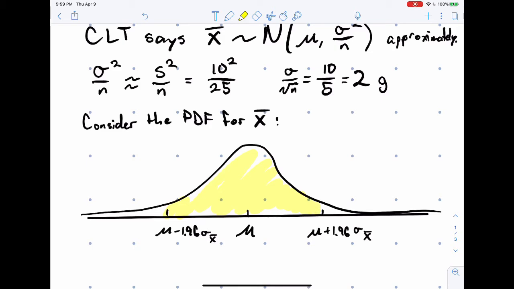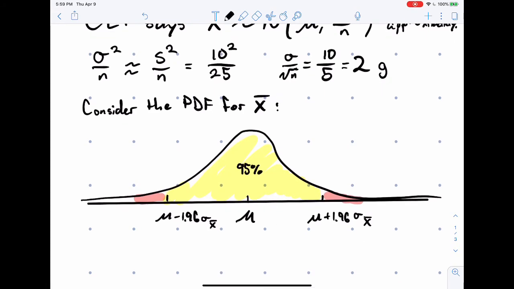The area under the curve inside here is 0.95 or 95% here. And 5% is on the outsides, this area, these areas over here, okay? So add those up and you get 5%. Inside you get 95%. So this is what the probability density function looks like for X bar as a random variable.